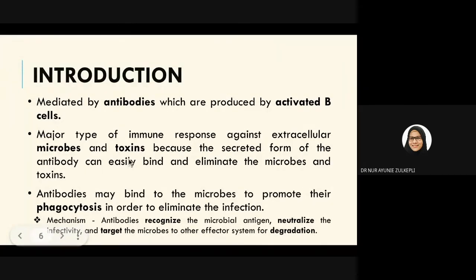The antibody may bind to the microbes to promote their phagocytosis in order to eliminate their function. So the antibody will first recognize the microbial antigen, then neutralize the infectivity and target the microbe for degradation. That is the mechanism of action of antibody-mediated immunity.